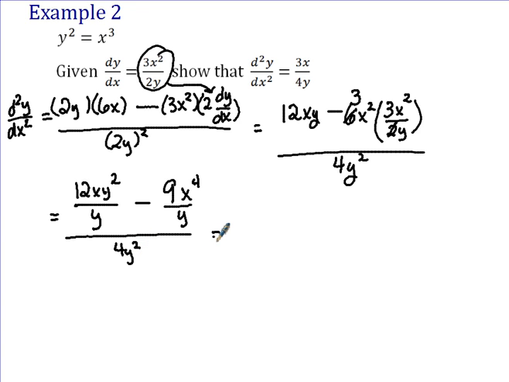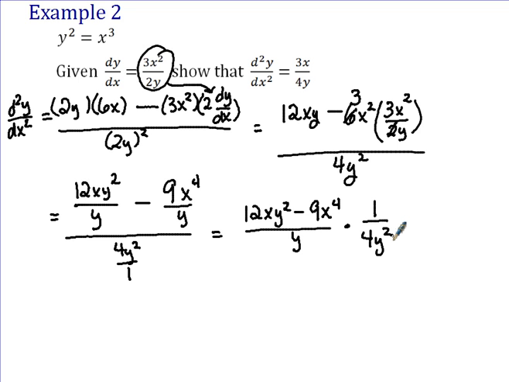So now we're at the point where we need to combine these two terms that are in our numerator together into one fraction. At the same time, I'm also going to multiply by the reciprocal of the denominator so that we can end up with just one fraction. So 12xy squared minus 9x to the 4th over y, times 1 over 4y squared.